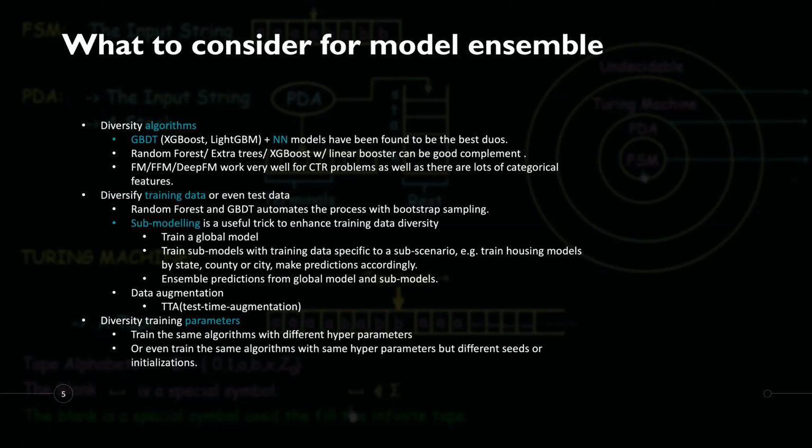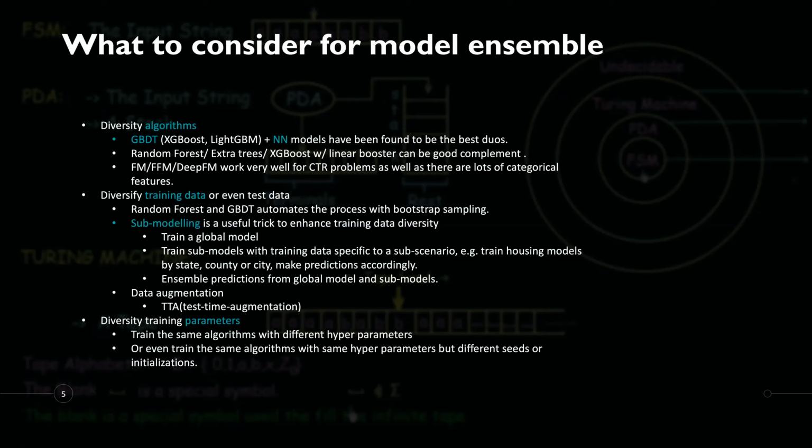Those two parameters control the process of stochastic resampling, and they turned out to be two of the most important parameters to tune when we are tuning random forest and GBDT.